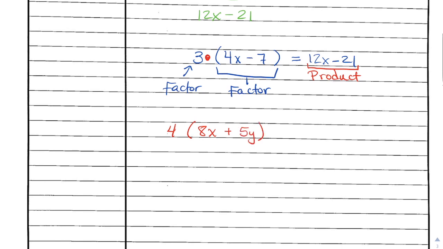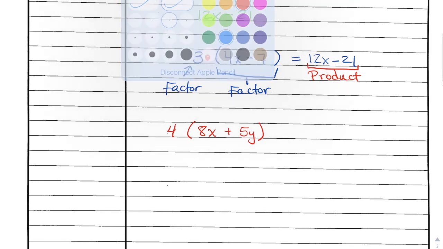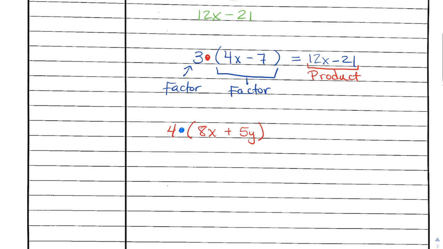So again, the 4 is technically touching the parentheses, so it's a short way of saying times, so we're multiplying. That makes 4 a factor and 8x plus 5y a factor. So when we do the box method, what we do is we create a box. In this case, we're going to make a skinny one.